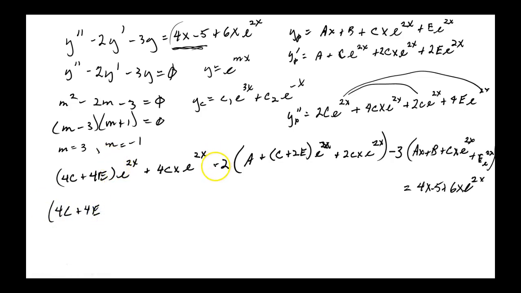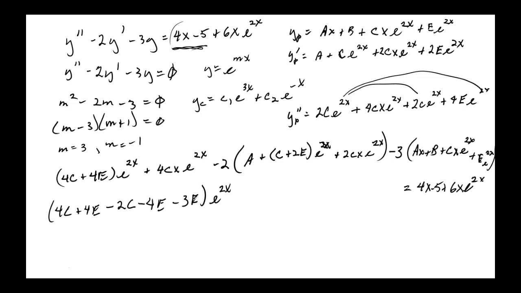Here's a minus 2 times that, so that would be a minus 2c minus 4e, and that's times e to the 2x. Let's go to the next one, and you get a minus 3e times e to the 2x. So this is all your e to the 2x's, right?